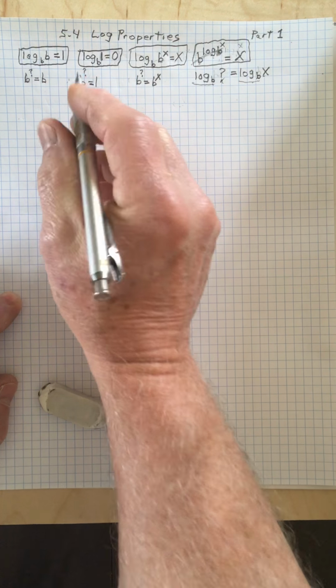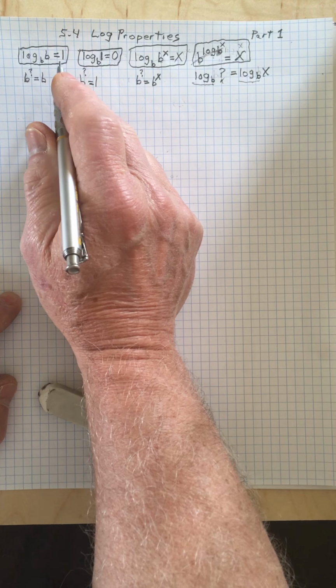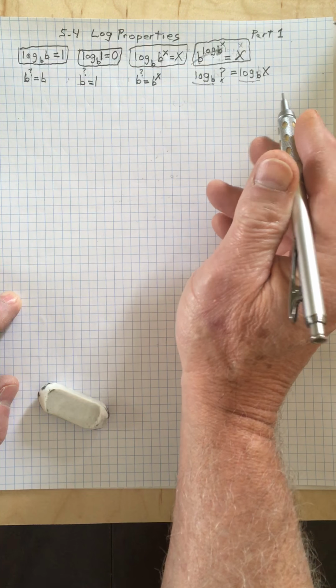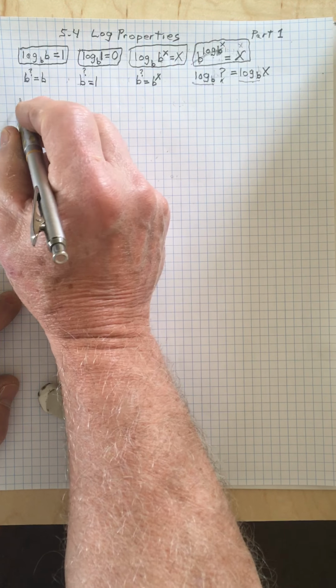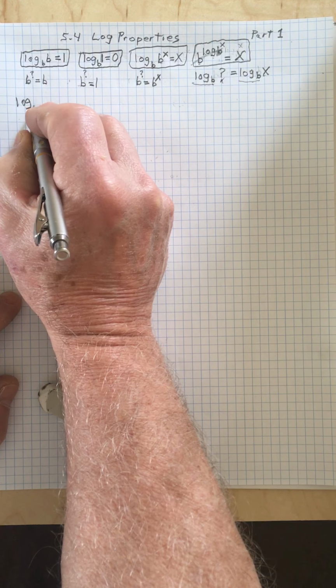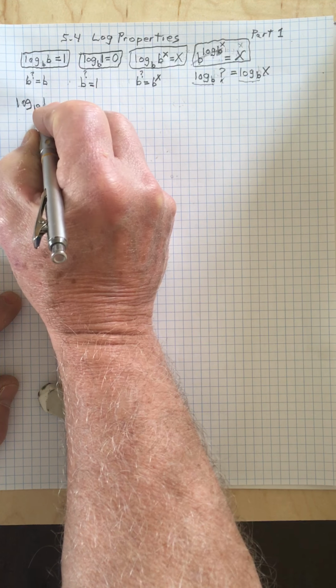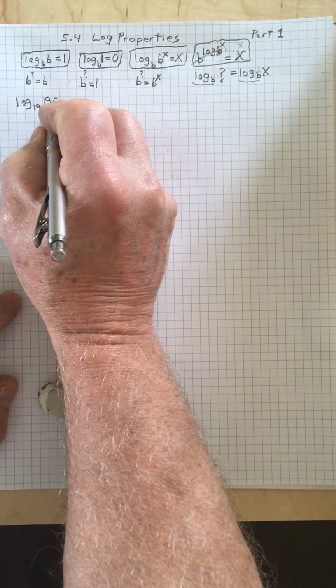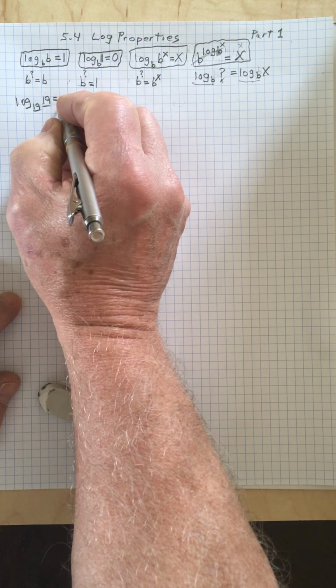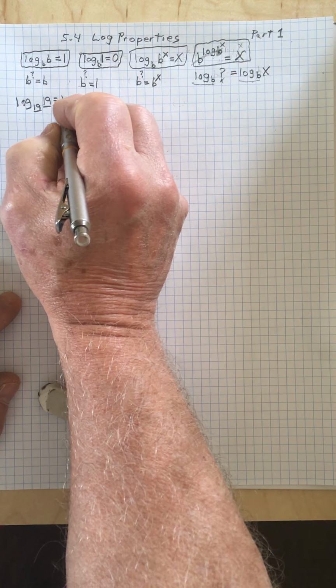And again, they're in the book on the first page of the section. So let's try them out real quick with just a couple simple problems just to see them in action. So here's an easy one. Again, as long as the base and the number match, the answer is always 1.